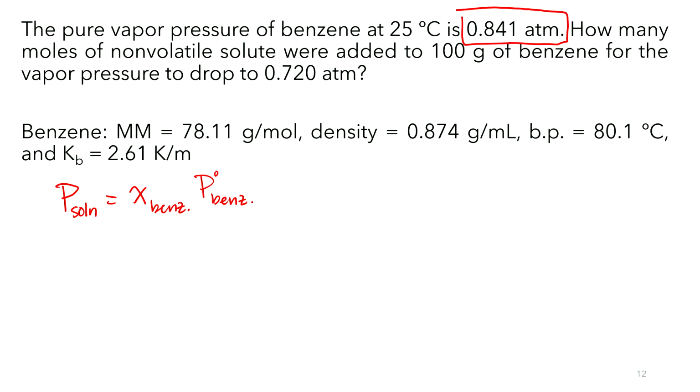All right? We are given two of those numbers right off the bat. We have the vapor pressure of pure benzene. That's 0.841 atmosphere. And then I tell you, hey, I added some stuff in there. I made a solution, and now my vapor pressure is lower. That's my P of solution. Okay? So this is my 0.841.